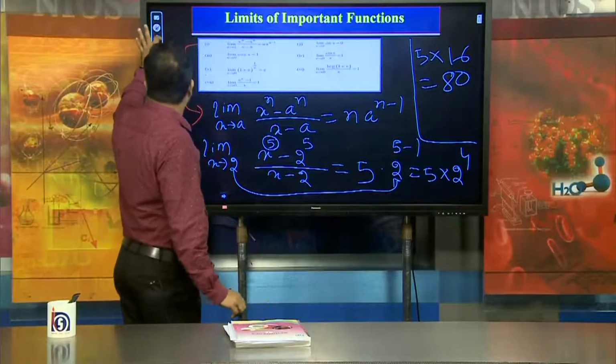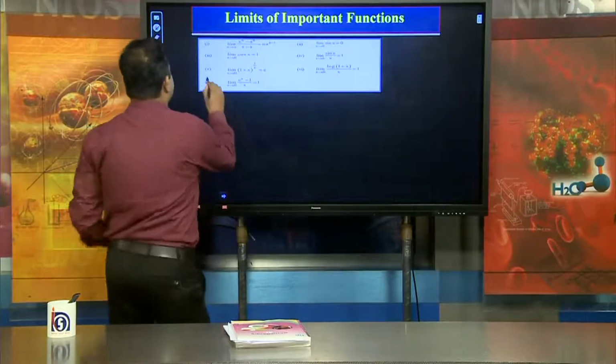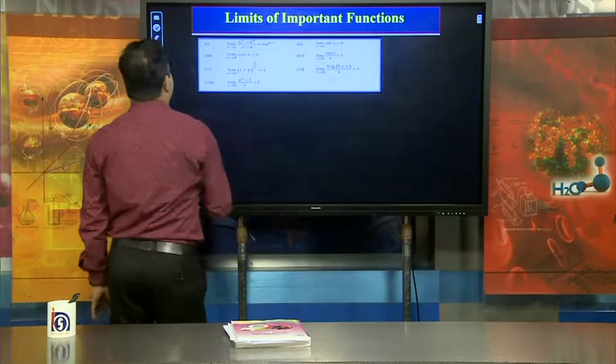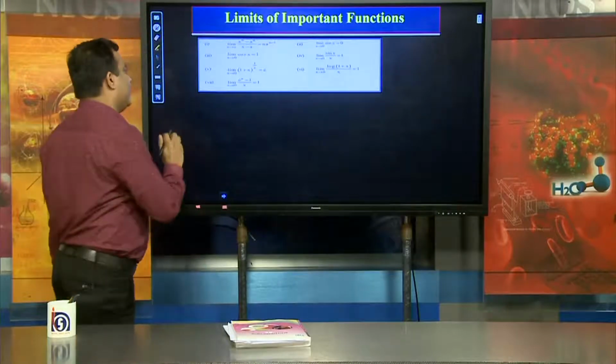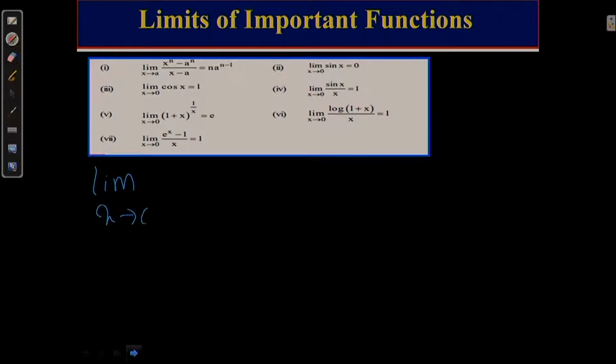Dear learners, now we will move to another part, when talking about the trigonometric function. Limit x tends to 0, sin x value will be 0. This is the second standard formula based on the trigonometric function.